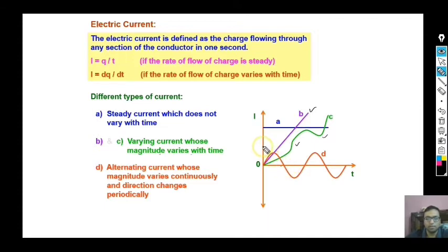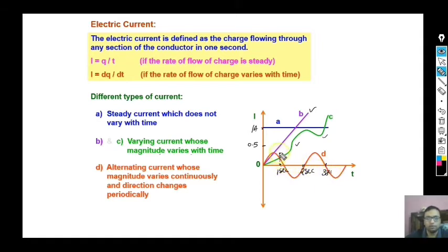For example, suppose here I have 0.5 ampere current, then here I have 1 ampere current. Suppose at this point the time is 1 second, at this point 2 seconds, and here 3 seconds.